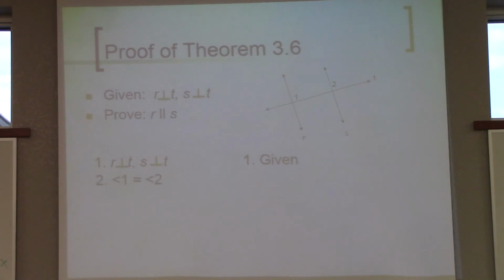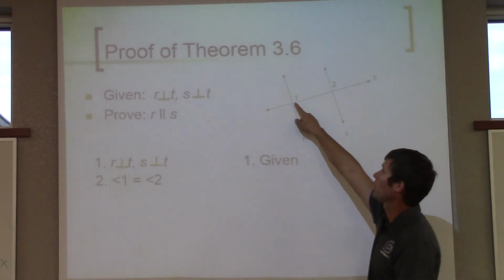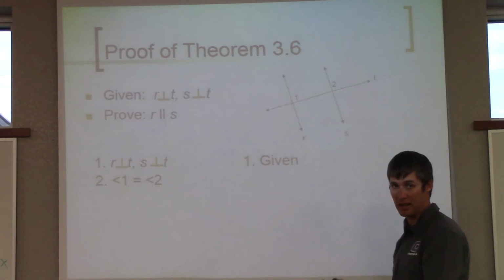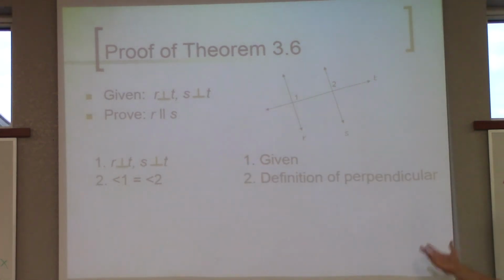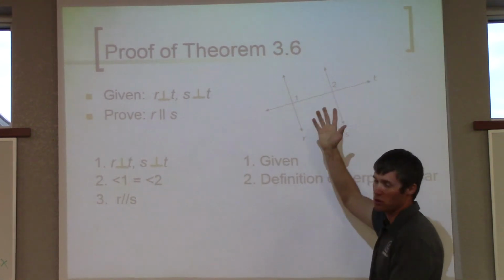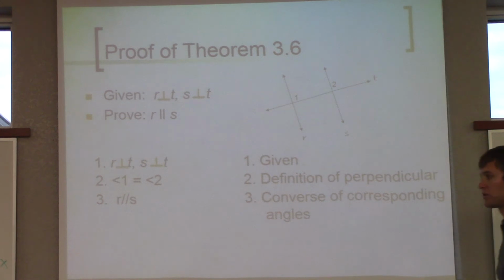Then we know that angle 1 and angle 2 are equal because they're both 90-degree angles. That's the definition of perpendicular, that they're 90 degrees. Next, we know that R and S are parallel because if they're congruent, those would be corresponding angles.